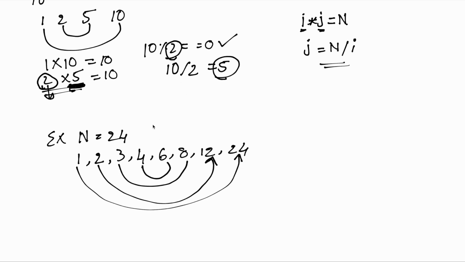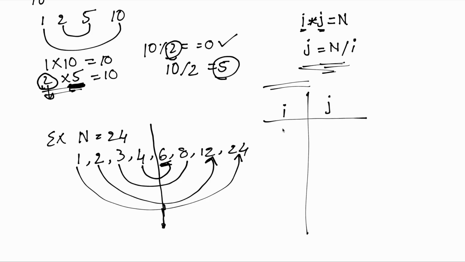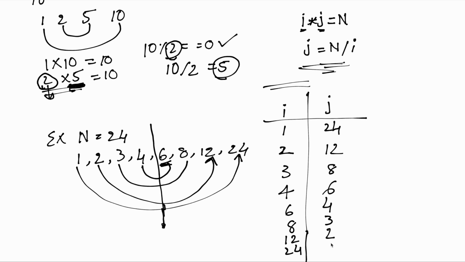So while processing the numbers till here itself, we will find out the value of j with this formula, right? So here, let's say i and j, if we take i as 1, 2, 3, 4, we get j as 24, 12, 8, 6.